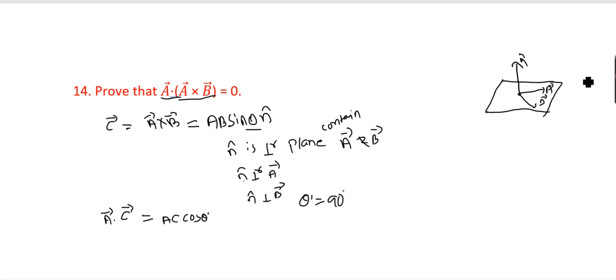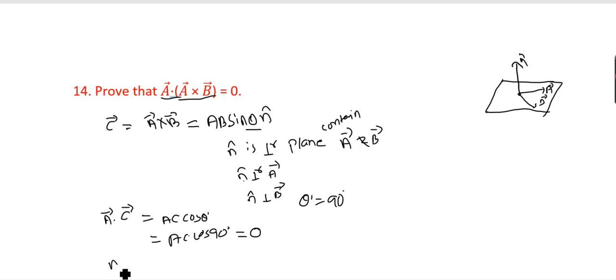We can clearly see this from the image also. So we can denote it as AC cos 90 degrees, and cos 90 value, as we know, is 0, so it will become 0.